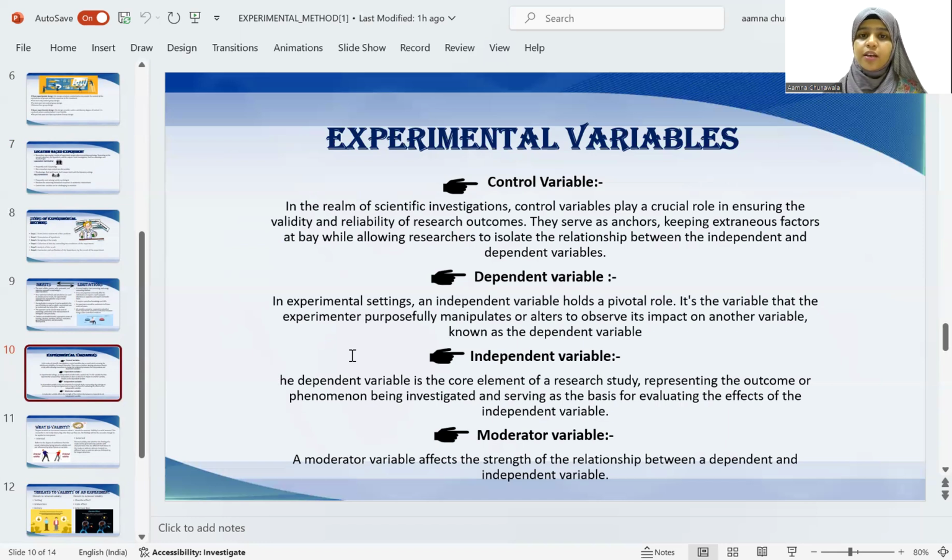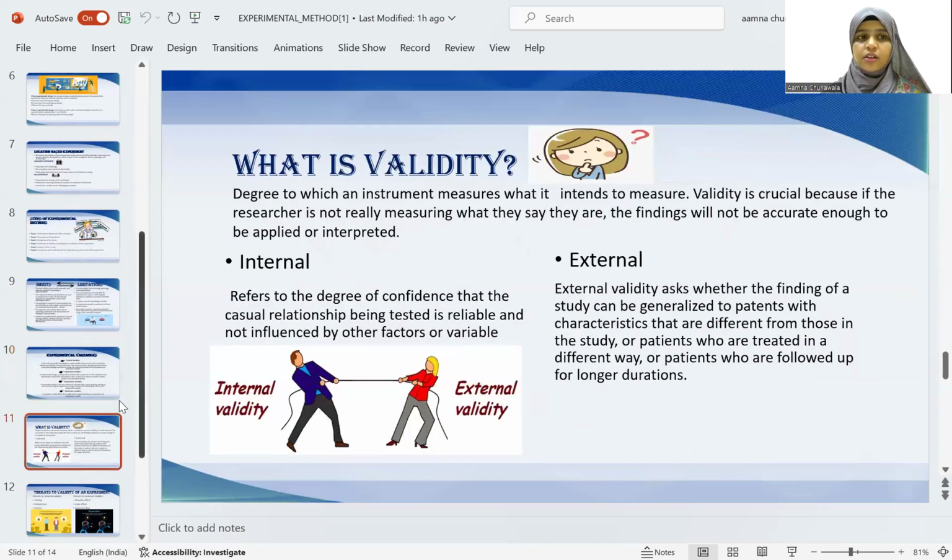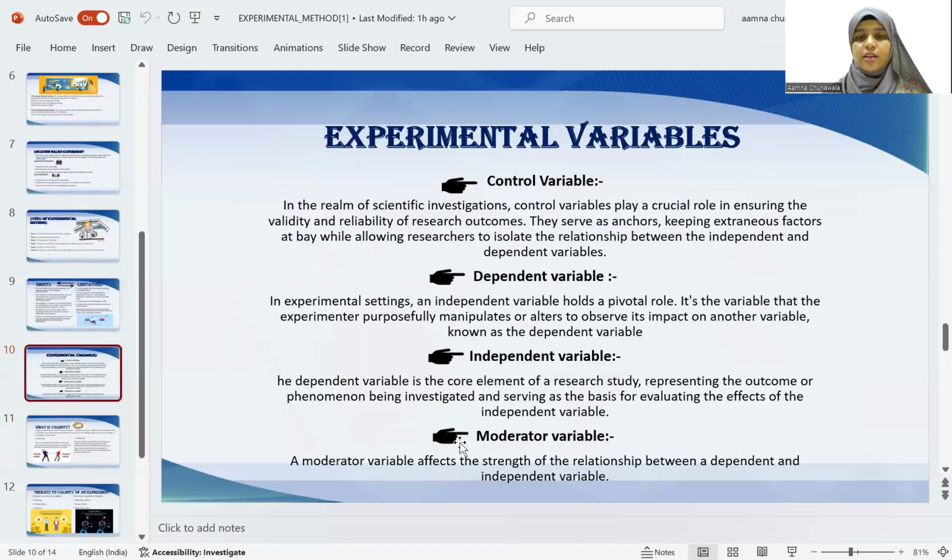And the independent variable holds a pivotal role. It is the variable that the experimenter purposefully manipulates or alters to observe its impact on another variable, which is usually the dependent variable. Another variable we have is the moderator variable. A moderator variable affects the strength of the relationship between dependent and independent variables.